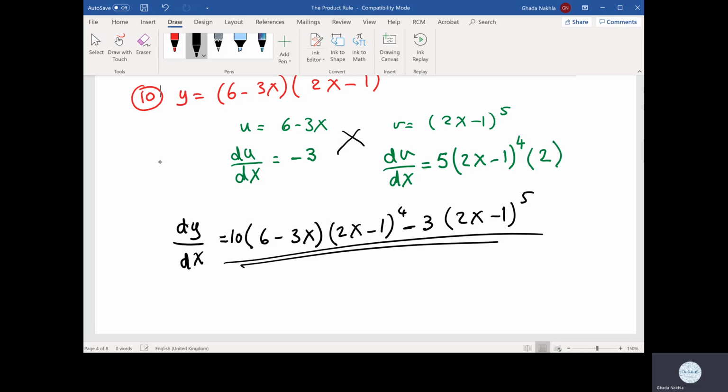And that is my answer. I can take 2x minus 1 to the 4 as a common factor and factorize it, but I'm not really interested.